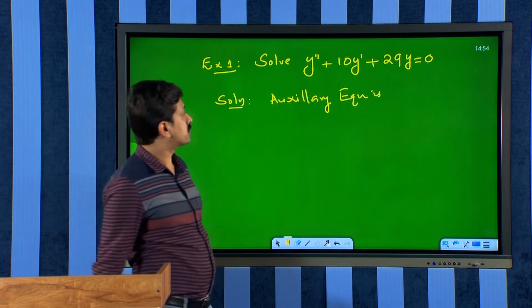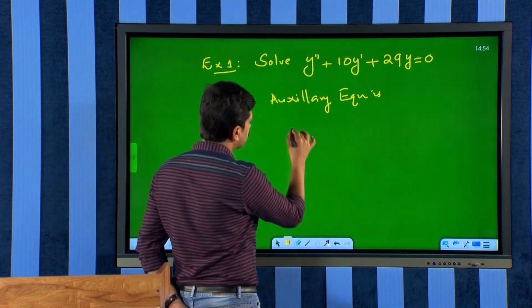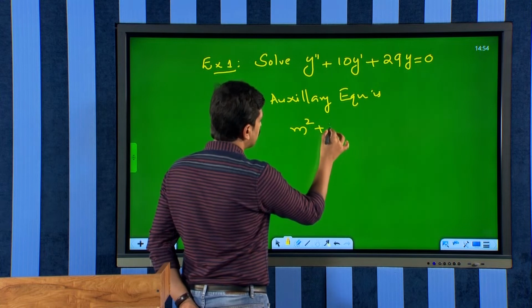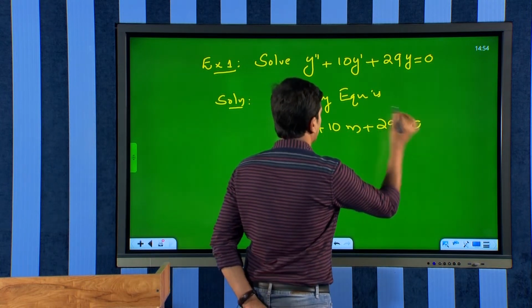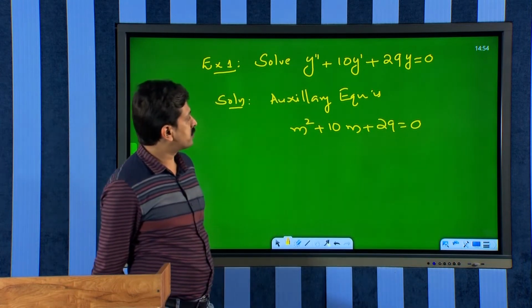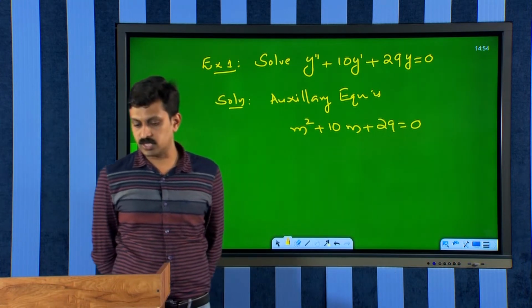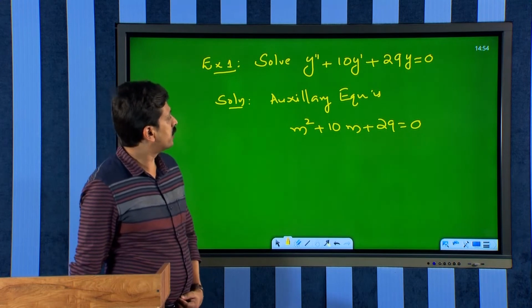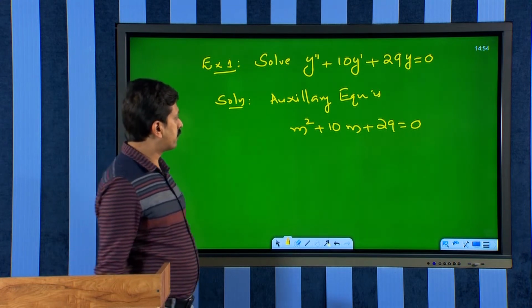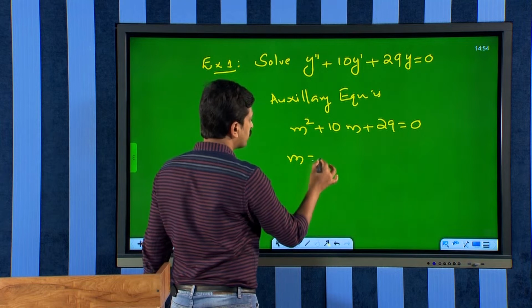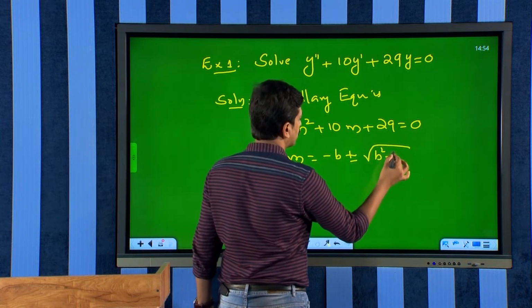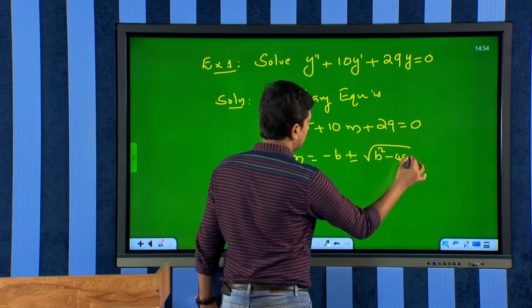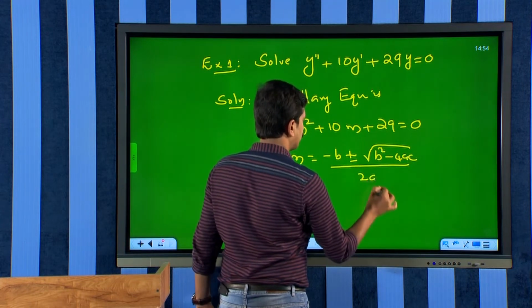The auxiliary equation is m square plus 10m plus 29 is equal to 0. See, dear students, we can use the formula m is equal to minus b plus or minus root of b square minus 4ac, divided by 2a.